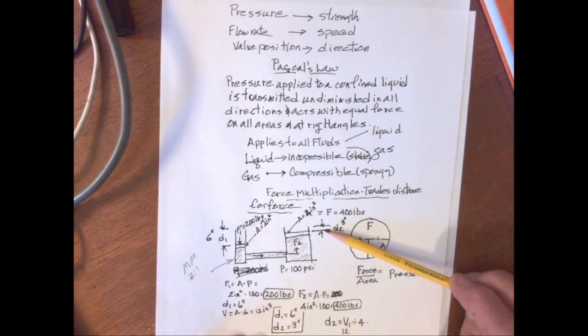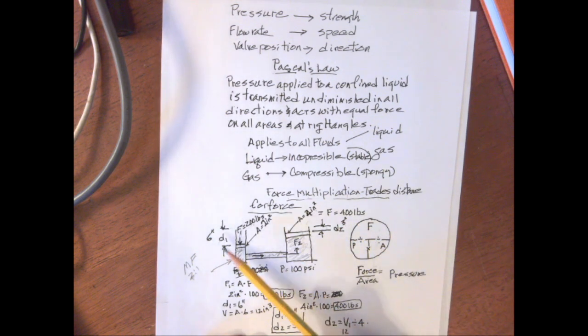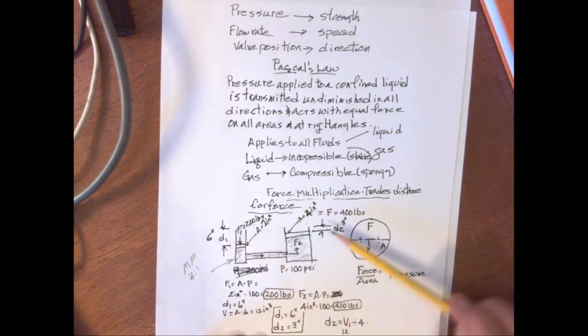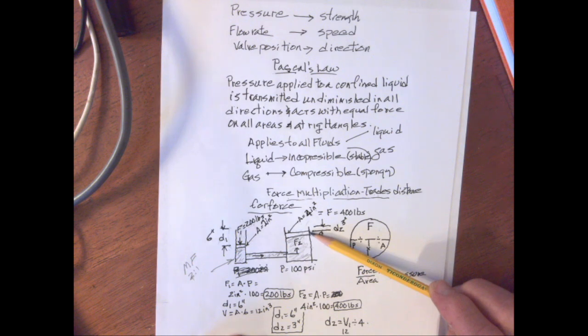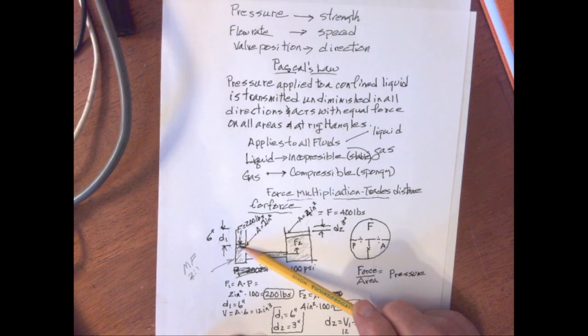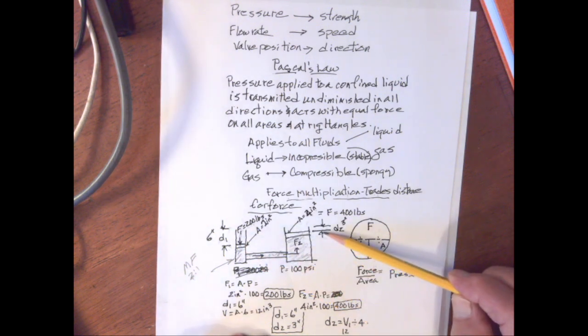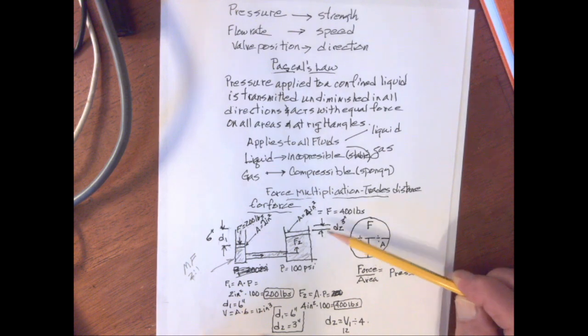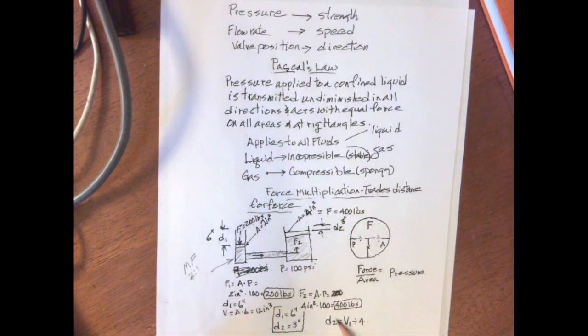So the distance traveled here is going to be half the distance. To get this piston at the actuator to move 3 inches, you had to move this, even though it's small, 6 inches. And here's where this is not free. These calculations down here are me fiddling around, but this was just coming up with the 400 pounds that the force out, 400 pounds, the force in was 200 pounds.